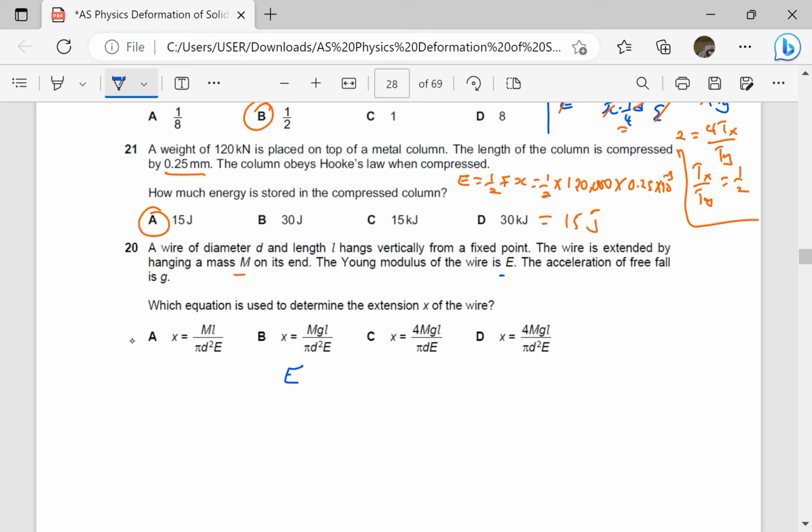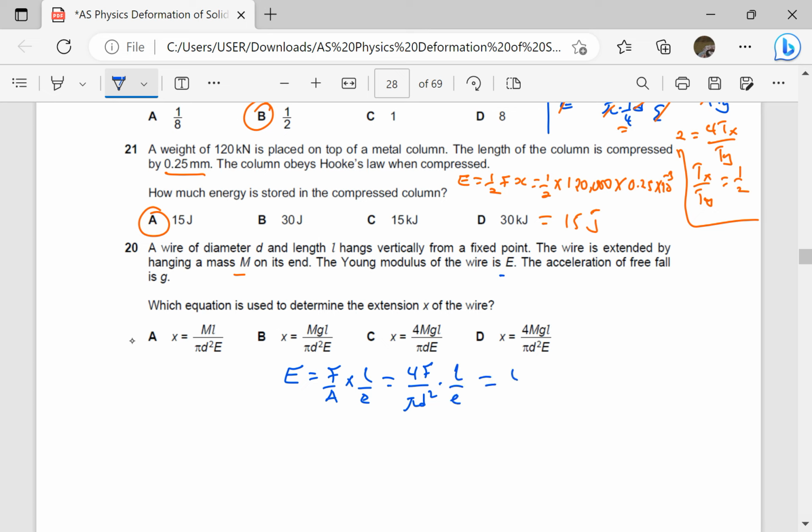So we know that Young modulus is equal to force over area, which is the stress, then times original length over extension, which is the reciprocal of the strain. Since they have mentioned diameter, this becomes 4F over pi D squared times original length over extension.